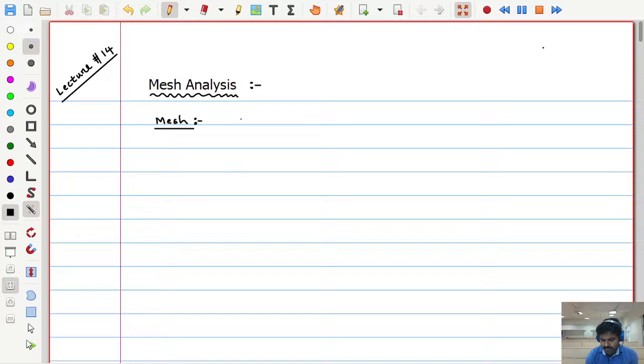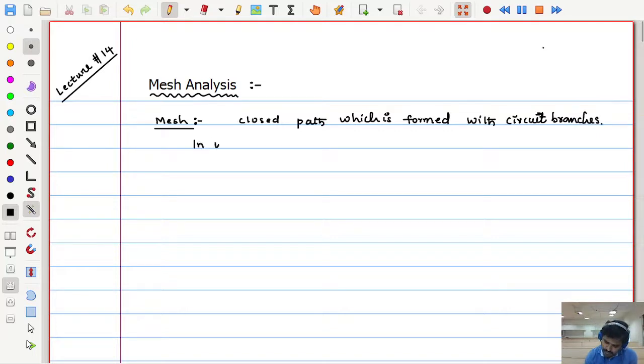A mesh represents a closed path which is formed with circuit branches, in which no internal loops exist. Generally, we saw previously that a loop is a closed path formed with circuit branches, which may or may not have internal loops, whereas meshes do not have any internal loops.